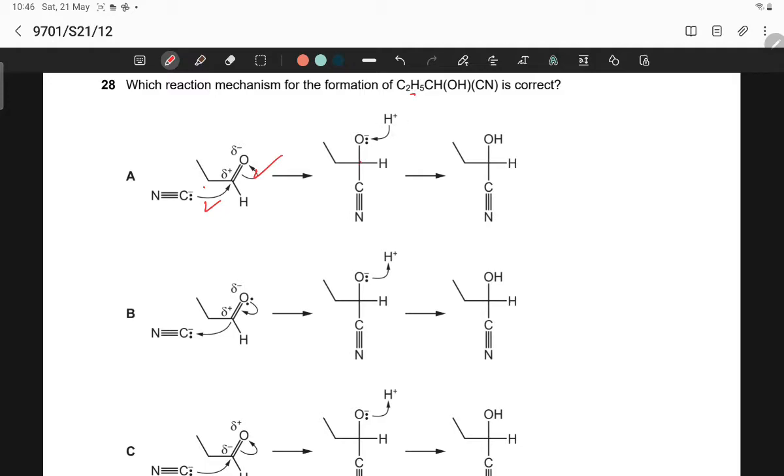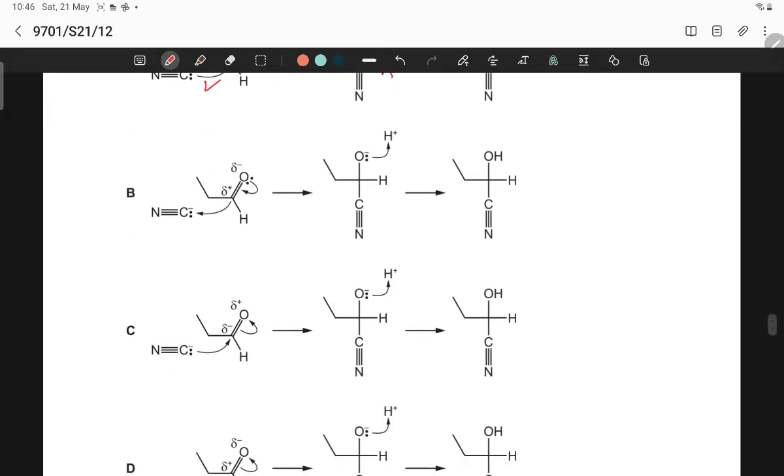But this is incorrect because of this lone pair, the direction of the arrow is incorrect. B option, again the direction of the arrow is incorrect, so this is also incorrect.